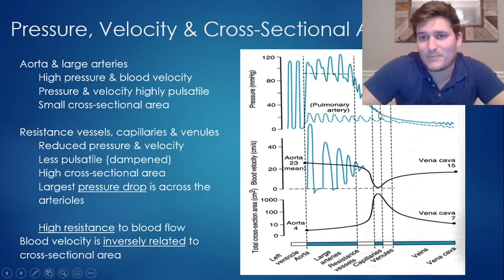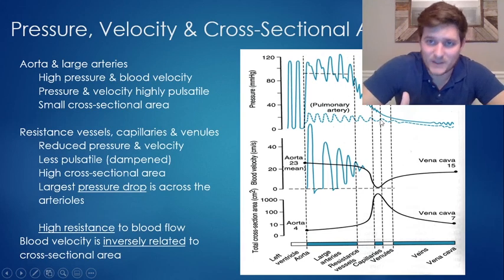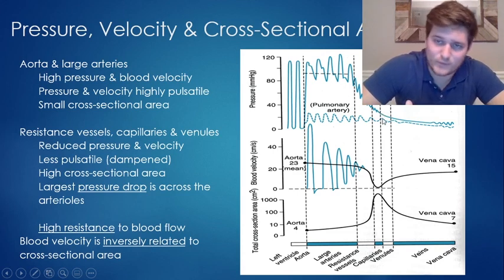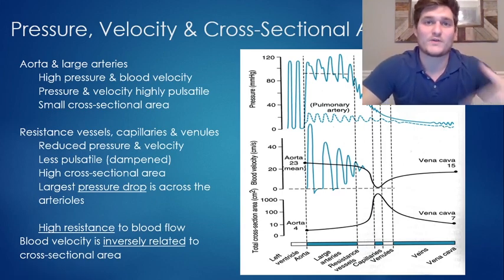Then we get to the capillaries, where there is this very low blood velocity, but exchange of different materials through the circulation in the cells. And then pressure drops as we head to the venules, and then makes its way back to the veins and the vena cava for the cycle to all start again.